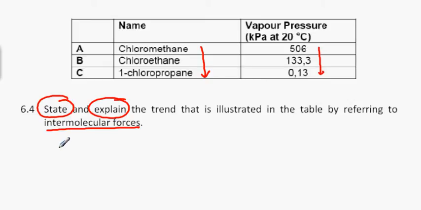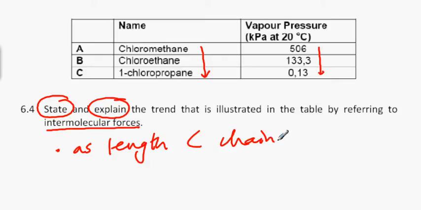So that's the first thing to do, is to state that as the length of the carbon chain increases, then the vapor pressure decreases. Put that in a nice clear sentence.